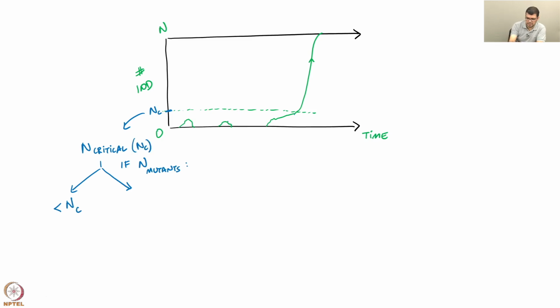that means these are scenarios where the number of mutants is less than N_C, then the fate of the mutation is largely dictated by, and you should all be able to guess by this time, drift.